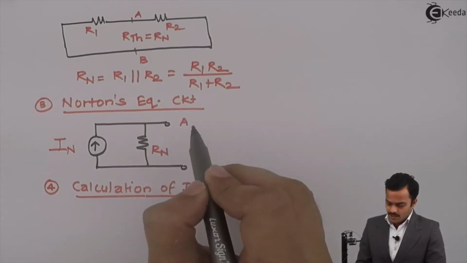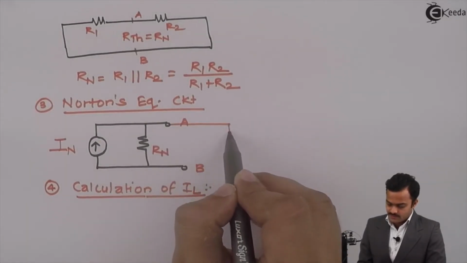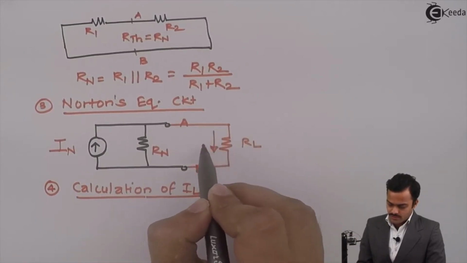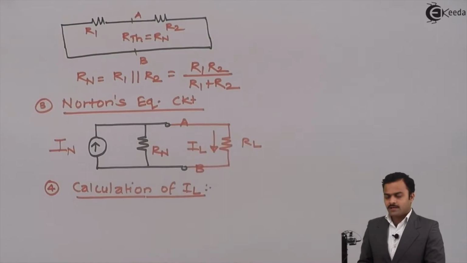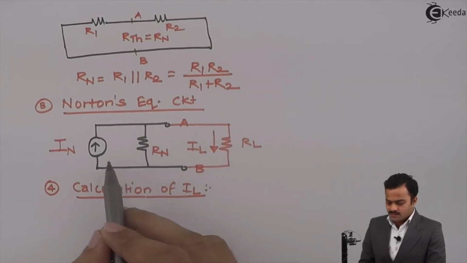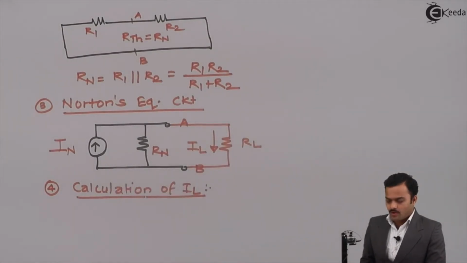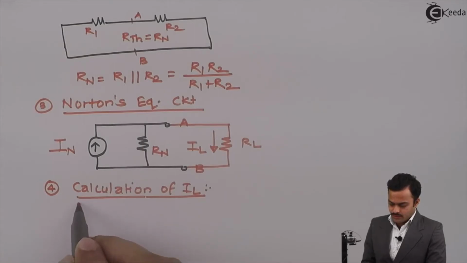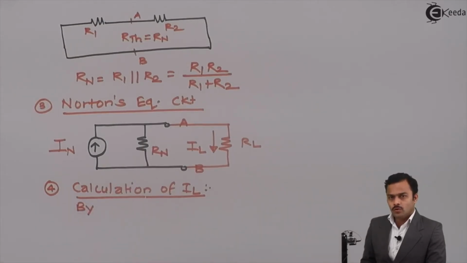For that, I need to connect the load resistance to the Norton's equivalent circuit, and our job is to get the current flowing through it. It's a standard problem of the current divider rule. So while calculating IL, we need to use the current divider rule only.